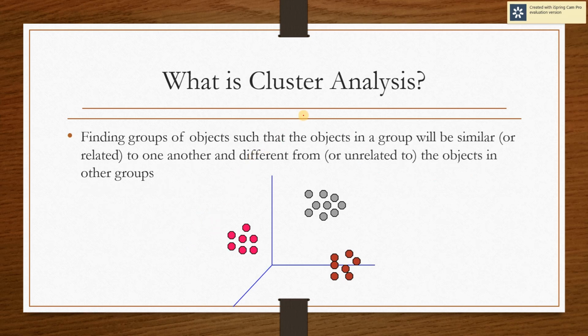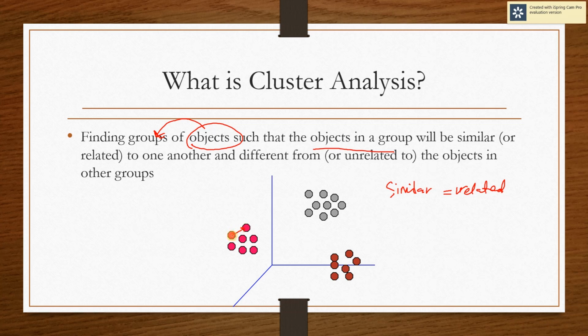So what is cluster analysis? Cluster analysis is basically finding groups of objects. We have objects, and we need to find their own group such that the objects in a group will be similar to one another and different from the objects in another group. If the objects are similar, that means they are related.